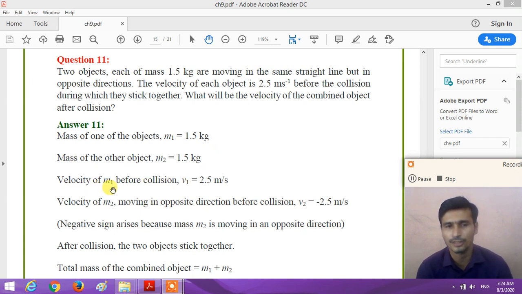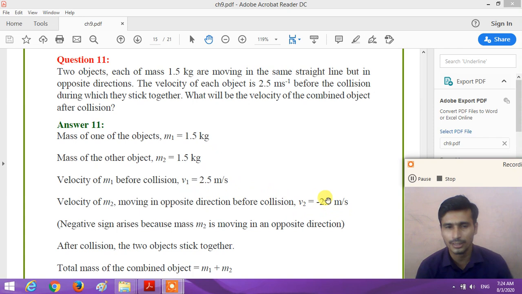Velocity of the first object before collision, v1, is 2.5 meter per second, taken as positive. The velocity of the second object, moving in the opposite direction, v2, is minus 2.5 meter per second.